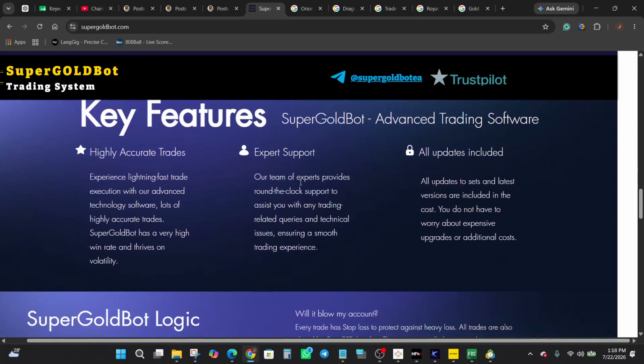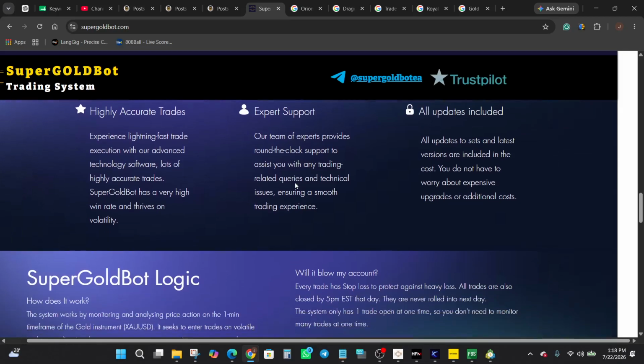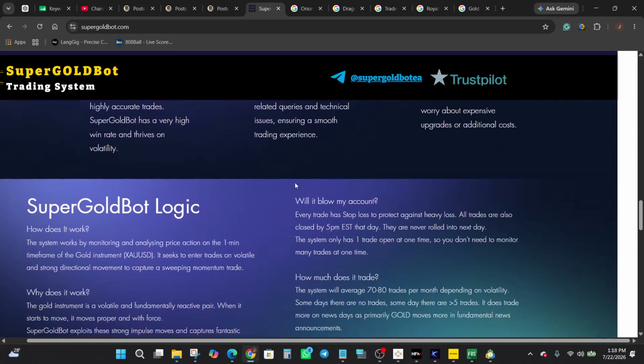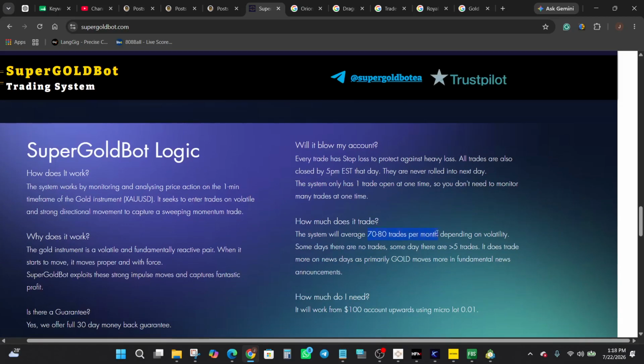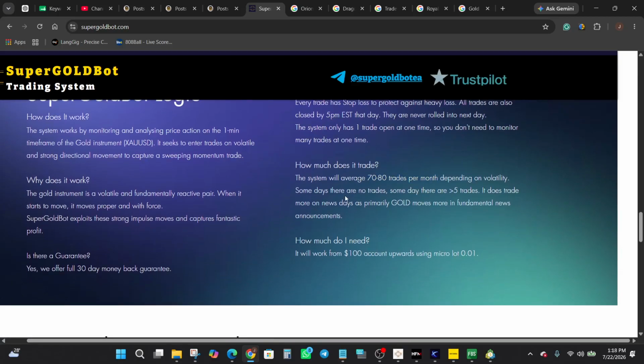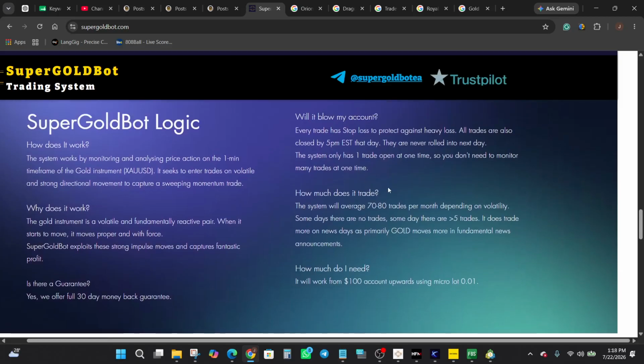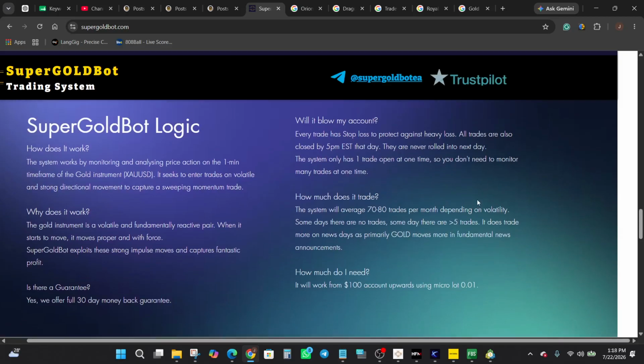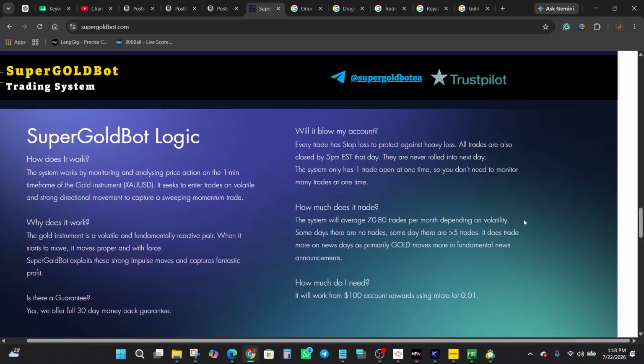And then with respect to the trade frequency, the EA averages around 70 to 80 trades per month, though the activity varies depending on market volatility and fundamental news event days.